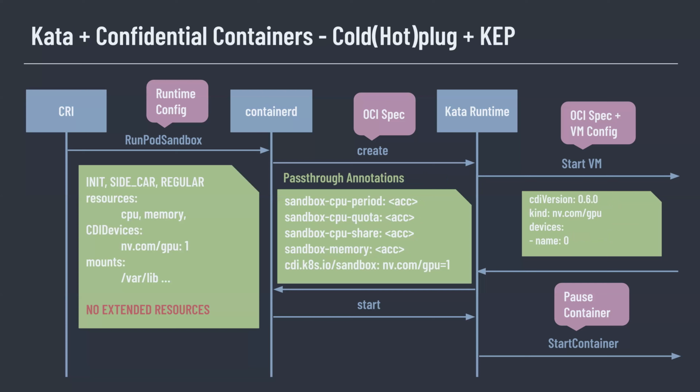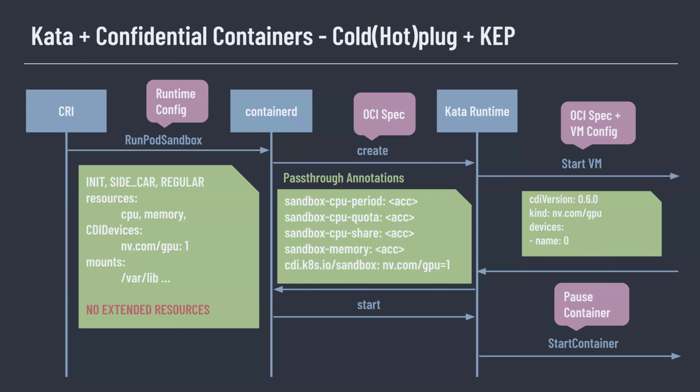And with the KEP, for the init, sidecar and regular containers, we have the resources, CPU, memory. We have all the CDI devices that are either provided by a CDI device plugin or later on by DRA, and we have the mounts.